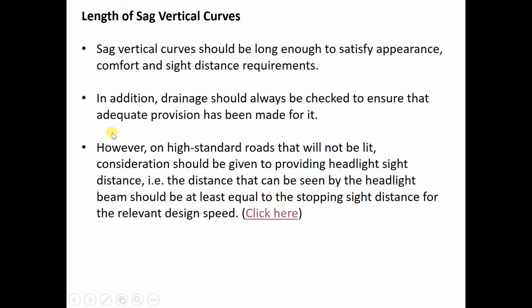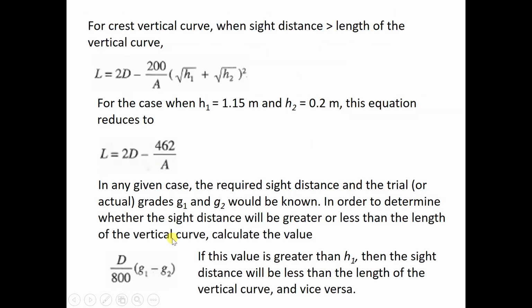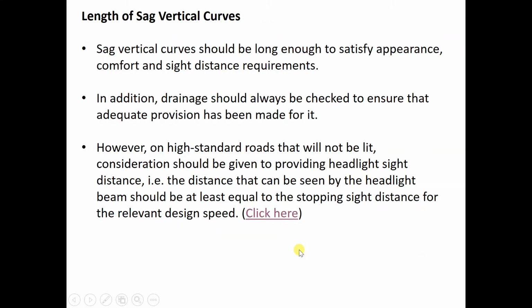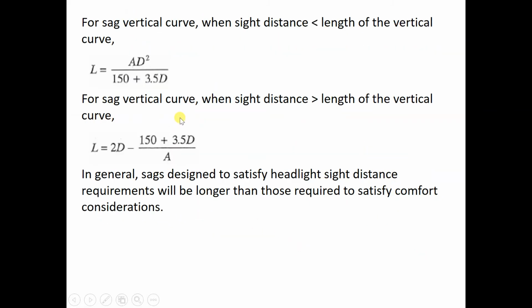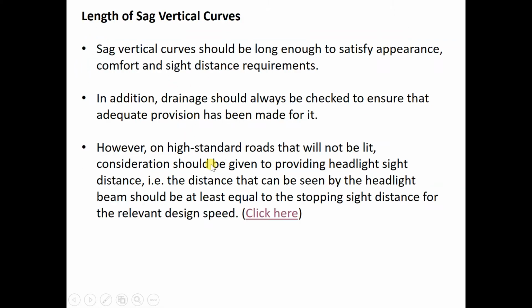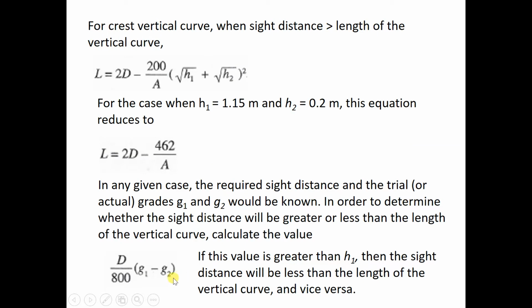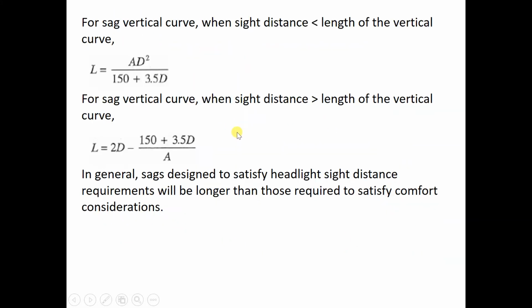Again, we look at this expression. If this is greater than h1, then we use the single term. If this one is less than h1, which is 1.15, then we use the one with two terms.